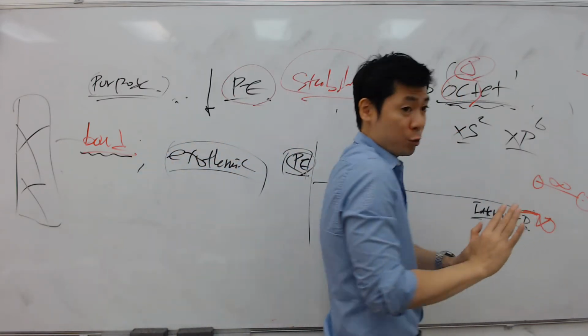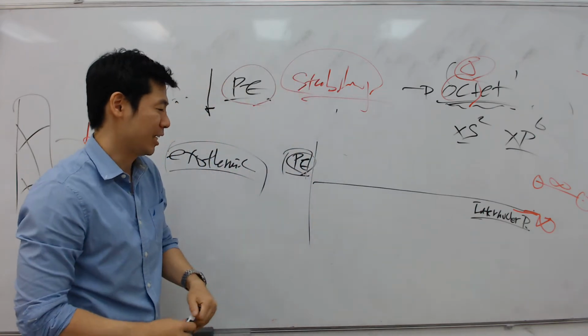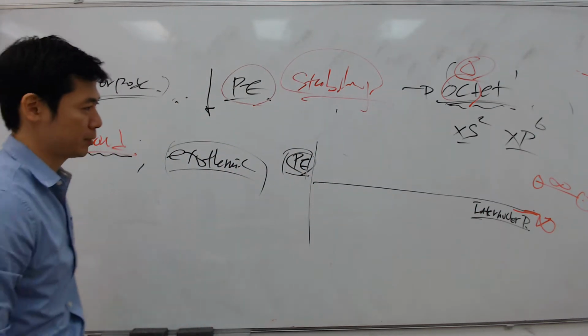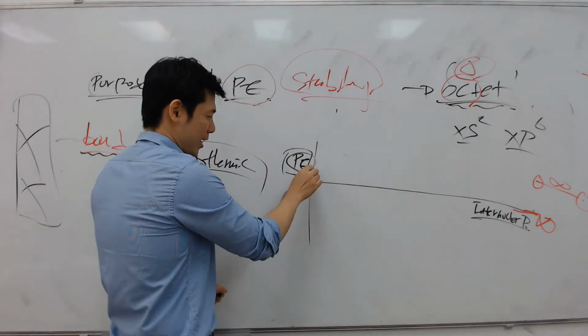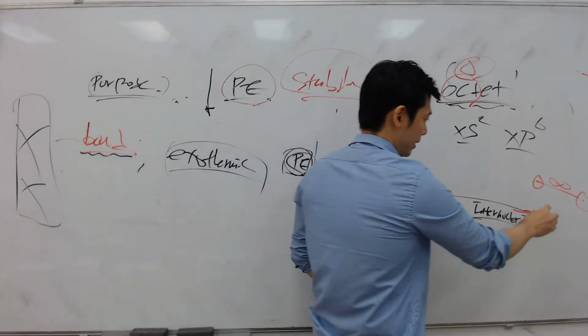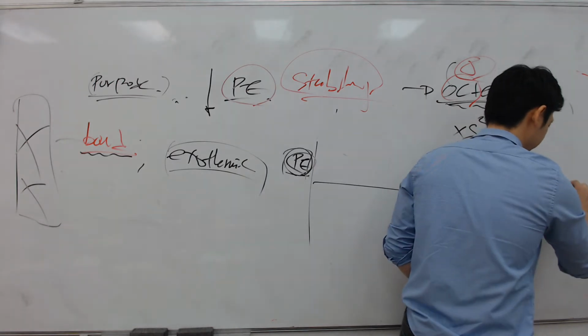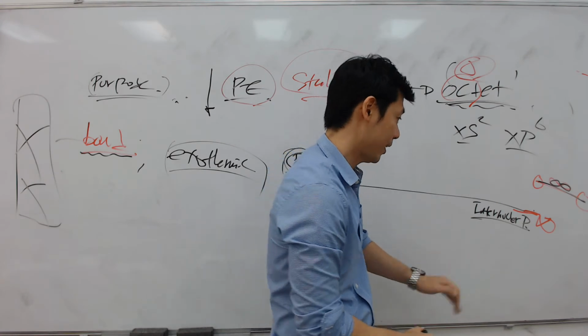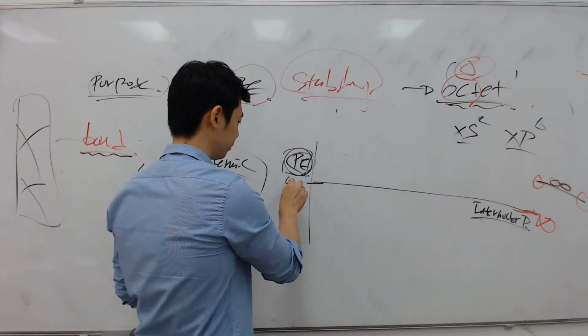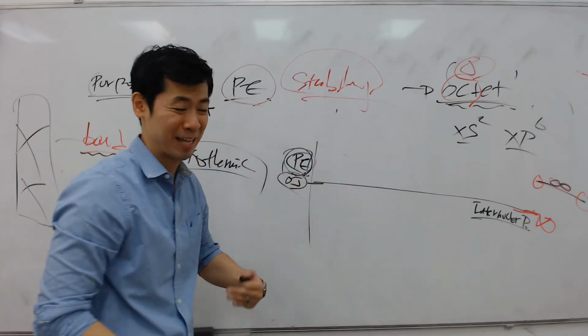So how is the potential energy set up in chemistry? When they're infinitely apart, that is where the benchmark is. They set that as zero potential energy, zero joules of energy. That's the benchmark.